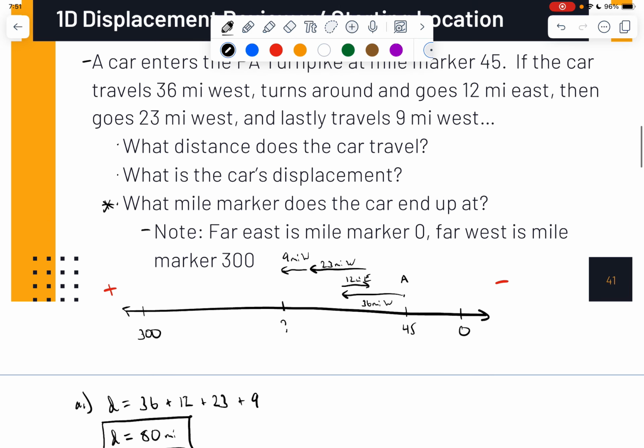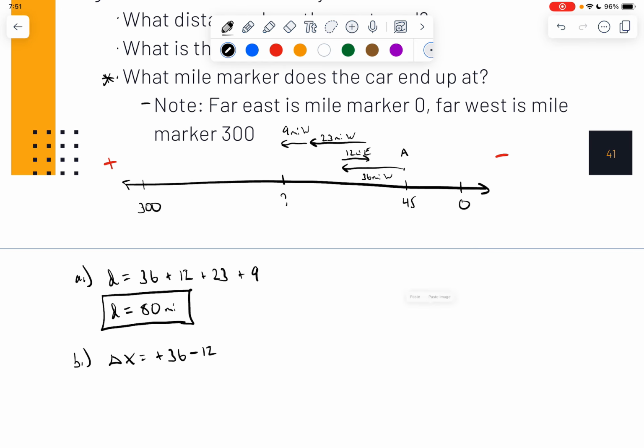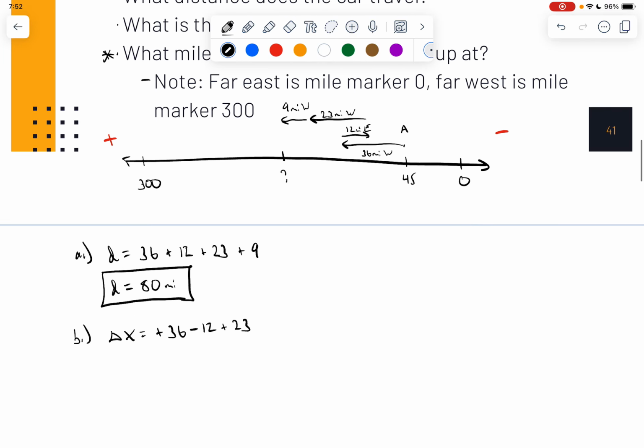From there, after our 12 miles east, we go 23 west. So 23 west is in the positive direction, so we'll add 23. Then lastly, we're going to add the 9 for our 9 miles west, so positive direction again. So if we take 36, we subtract 12, we add 23, we add 9, that's going to give us a positive 56.